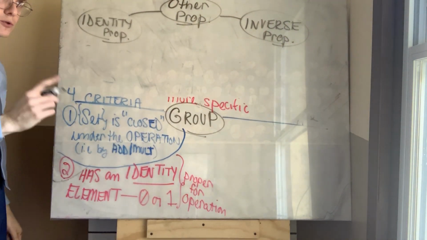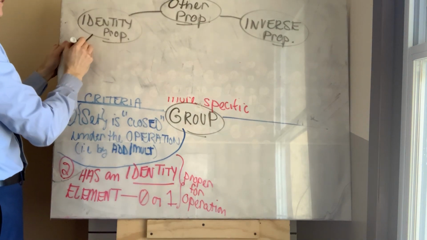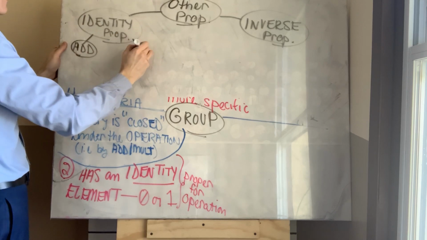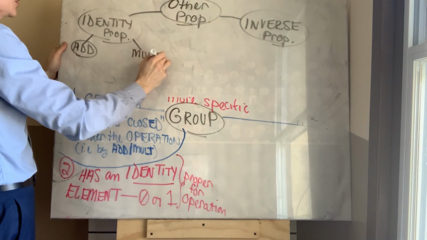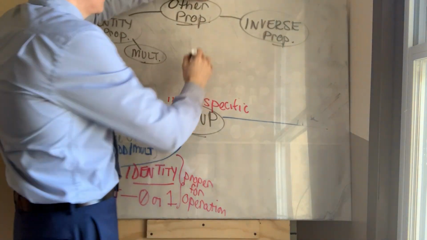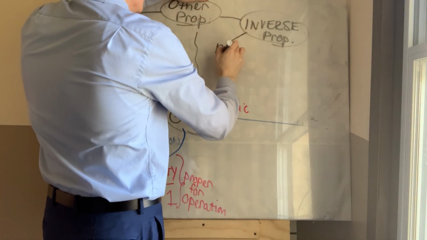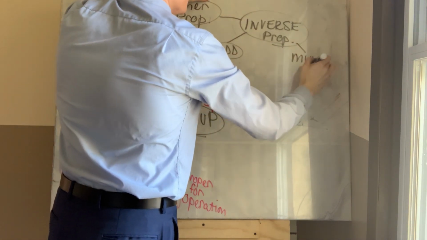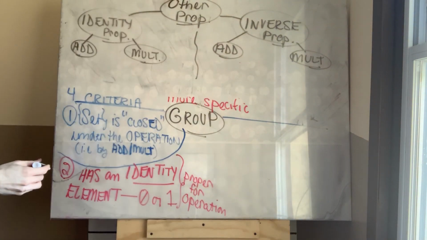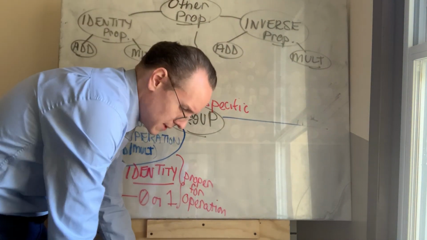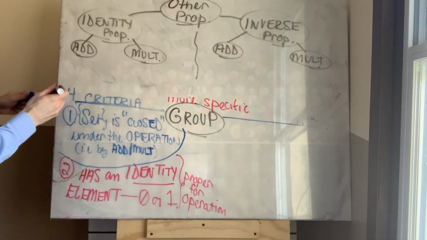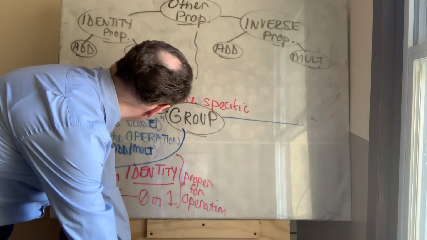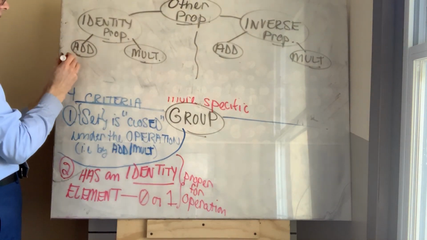And just as in the case of commutative and associative, there's an identity property of addition, and there's an identity property of multiplication, and also an inverse property of addition, and an inverse property of multiplication. All right, here's how they look in terms of the model. Put this in red.